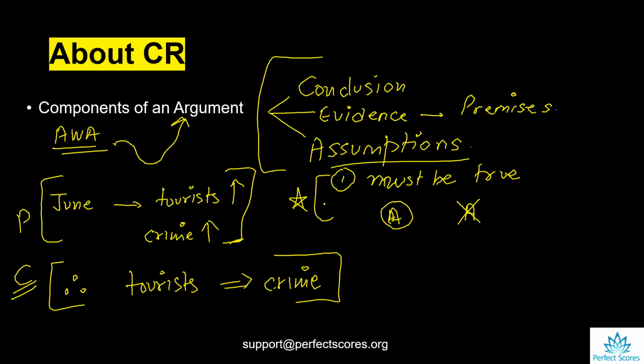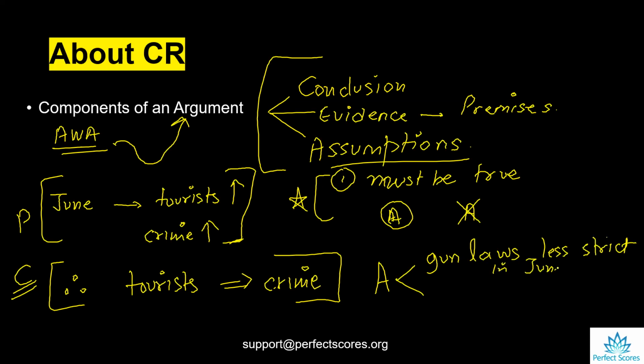All right. So in this case, let me give you two options for assumption, and then I want you to figure out whether it's an assumption or not. So let's say one is that gun laws are less strict in June.